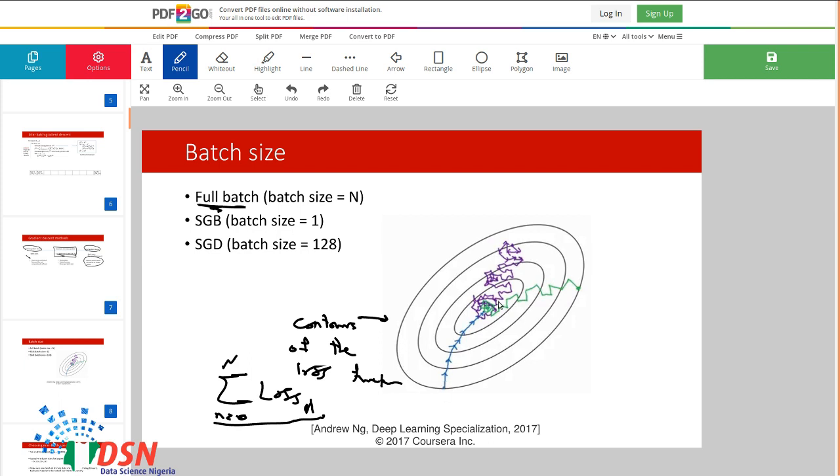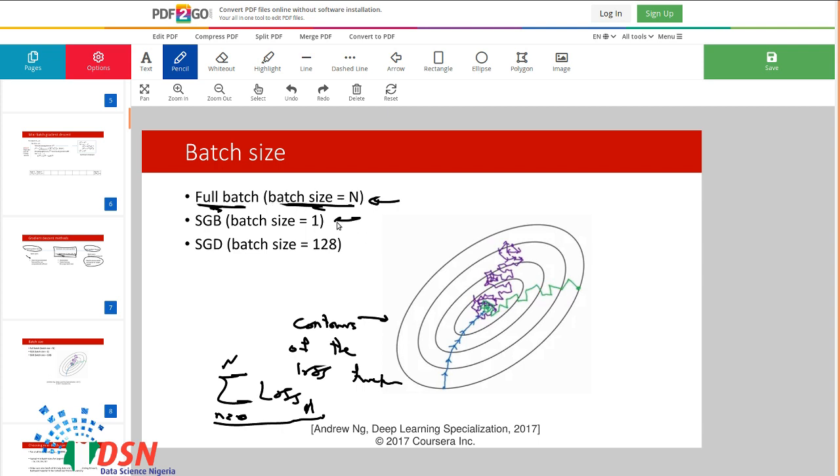You will converge without this jittering. The reason is that in this case we are estimating the gradient in each step with regard to all of the training data.